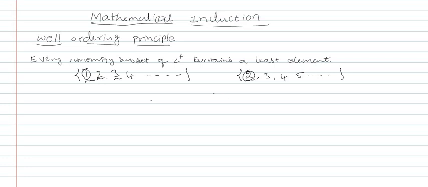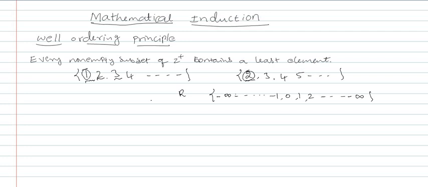You may wonder why I am talking about only Z plus. Suppose you consider the real number set R, which goes from minus infinity to infinity, through minus 1, 0, plus 1, 2, etc. Does this set have a least element?